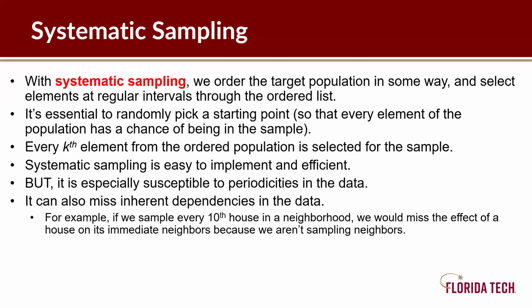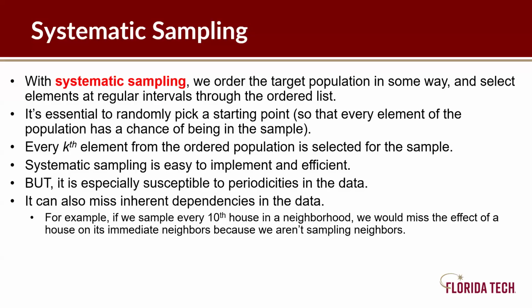What's great about this, it's easy to implement, it's efficient. What's not so great is that it is especially susceptible to periodicities in the data, right? So if you have a periodic effect that affects every, you know, fifth person or something, you might miss that effect.